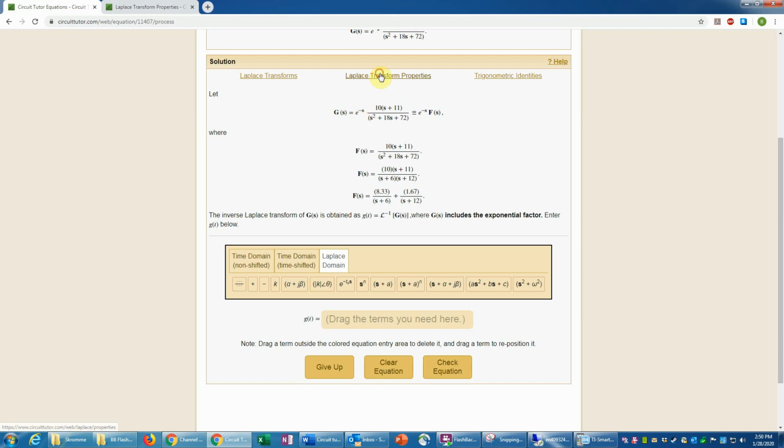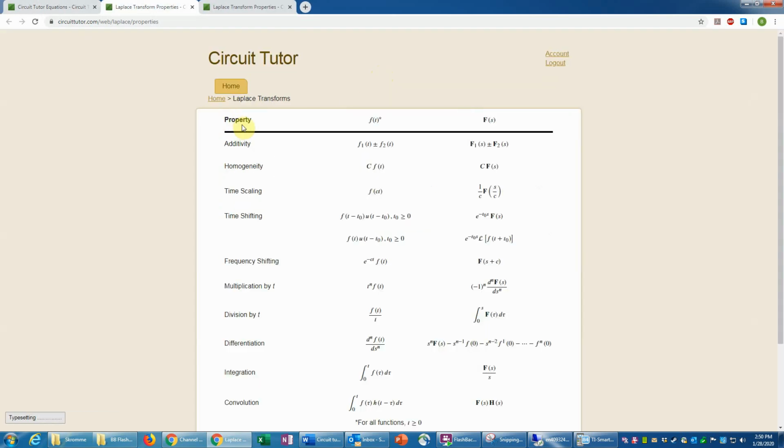And again, if you don't remember the time shifting property, that is available here. So that is this property right here that I'm using. So everything is time shifted. So that just introduces basically a shift of both the unit step function and the other function, the inverse transform of f of s. So I need to remember to do that.